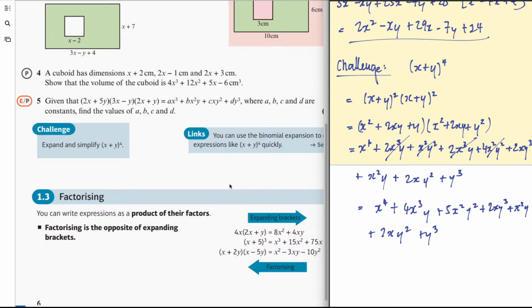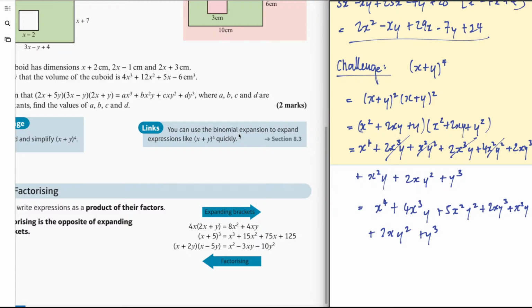But what we could do is, it says here you can use the binomial expansion to expand expressions like x plus y to the power 4 quickly. So should we jump to section 8.3 and have a look at how to do that, a shortcut as to how to do these ones?